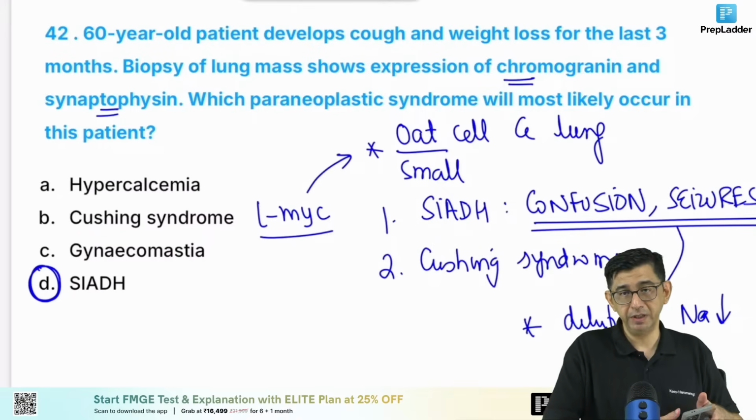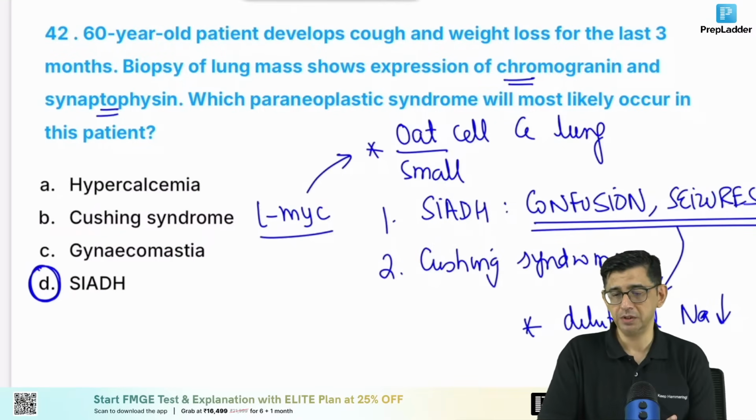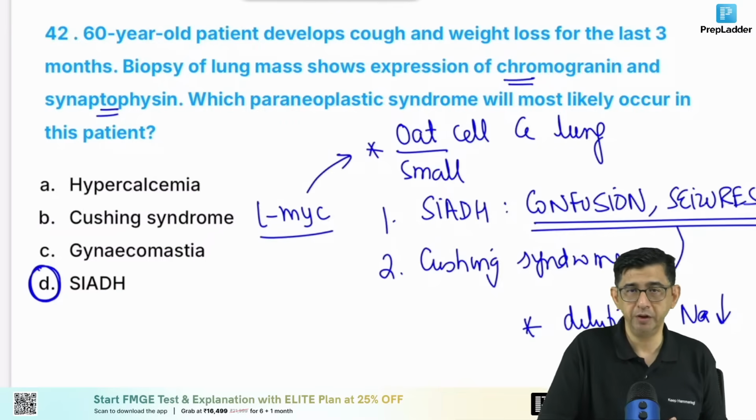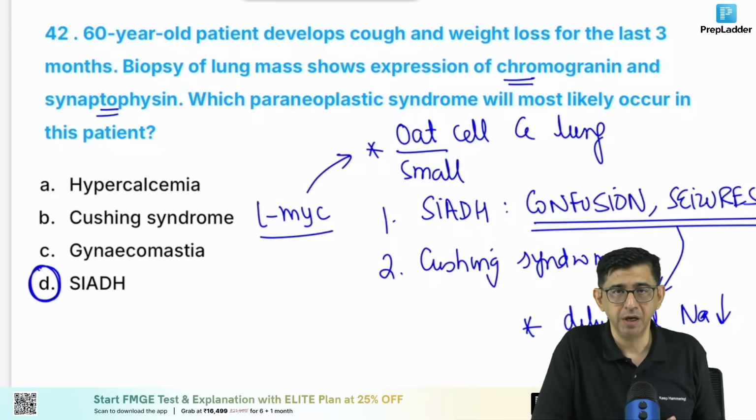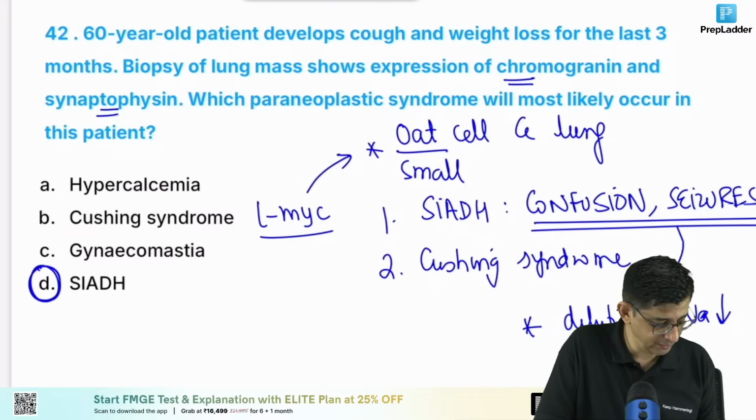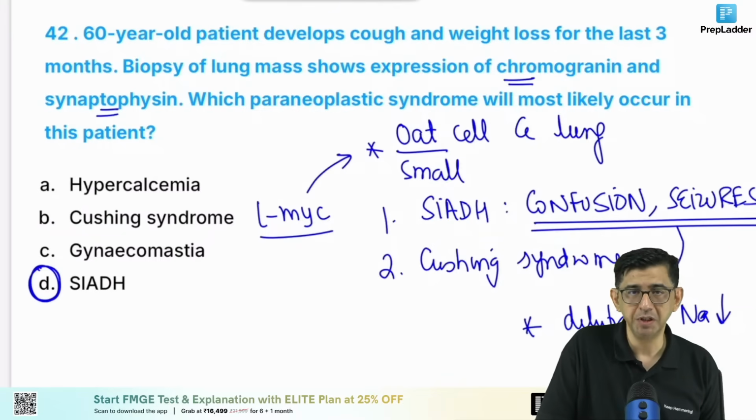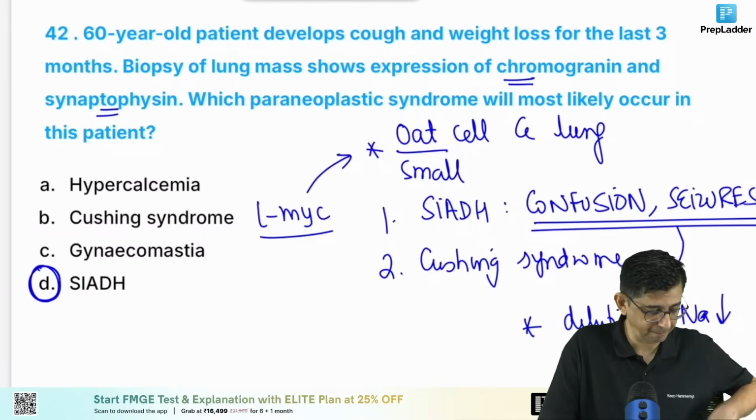If he had mentioned the electrolyte imbalance in the question, it would have become easier for you. In medicine questions they mention the electrolyte imbalance, and in pathology questions they mention things like expression of chromogranin and synaptophysin. The correct answer in this case is option D. Lambert-Eaton can be seen, but that would not constitute an endocrine manifestation.